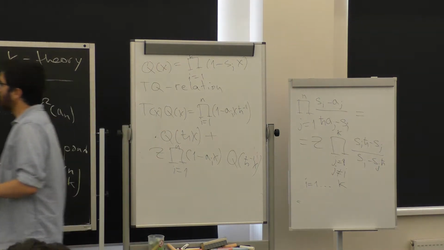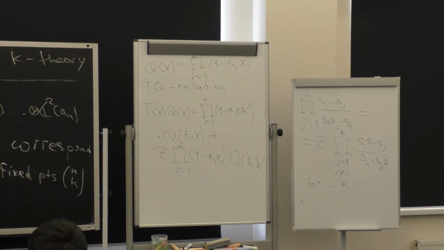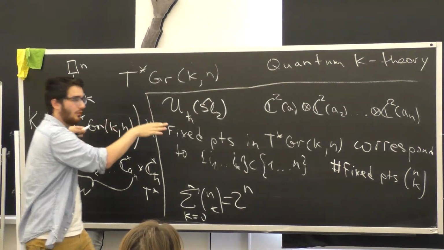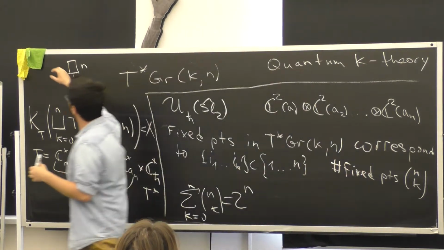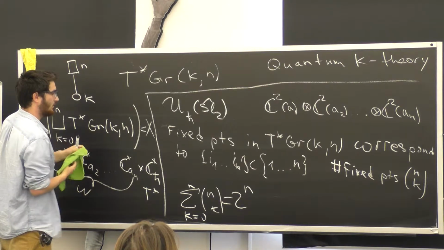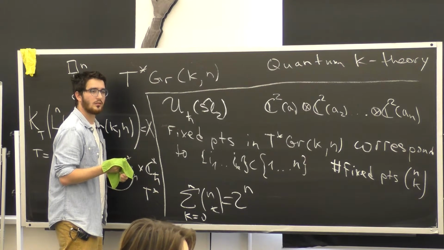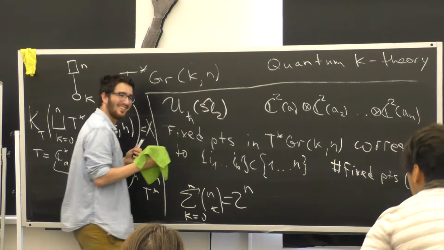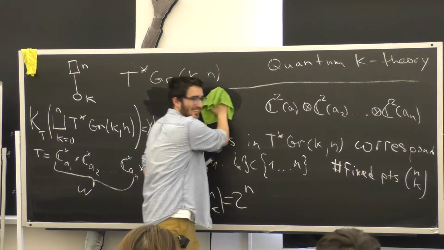Okay, so this will be it for this. We're going to move to more about the Grassmannian rather than the representation theory. So if you have more questions. Yeah, that was this morning.